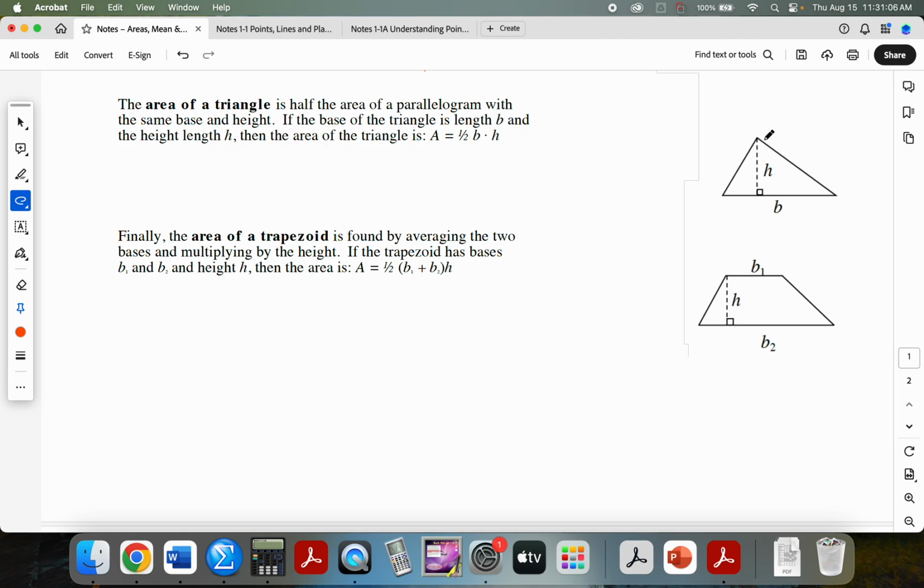If I'd made a copy of this and taped it on, and I'm going to do it in dotted, do you see how this triangle is exactly half of that whole parallelogram? And the area of the whole parallelogram would be base times height. So the area of a triangle is half of base times height. So I might have something that looks like this.